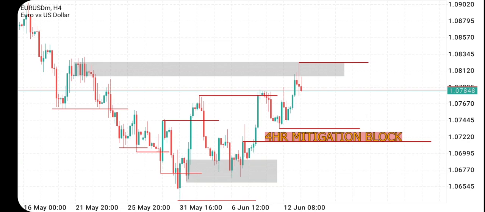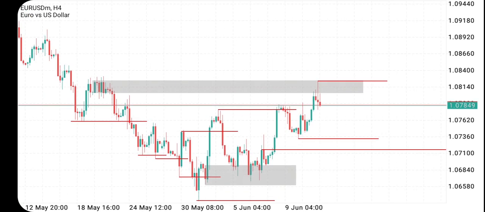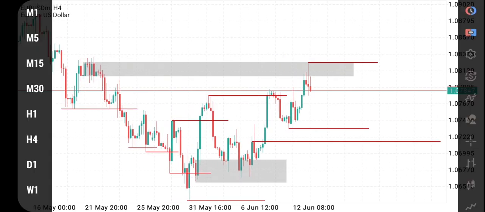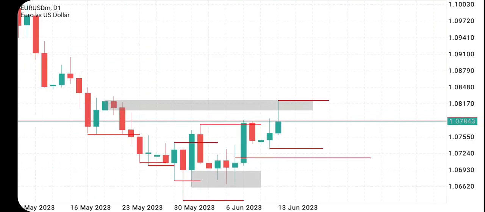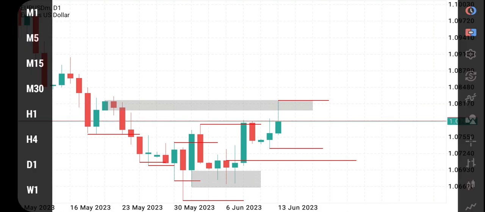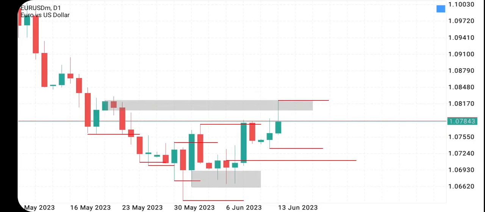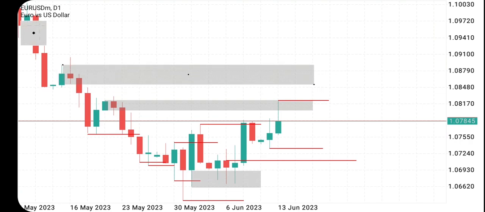So if price decides to reach for that sell side liquidity or that low, it's going to be met with the 4-hour mitigation block or the daily order block that's in line with the 4-hour order block, the daily bullish order blocks. And above the buy side liquidity is a daily bearish order block.